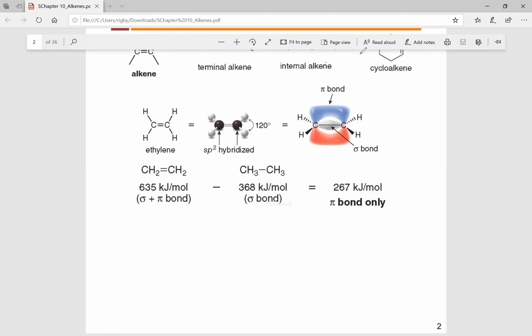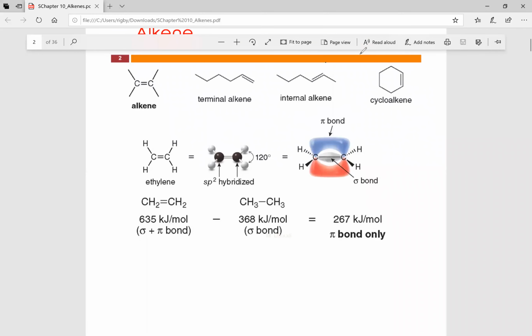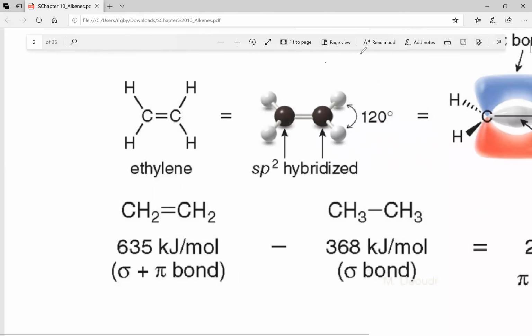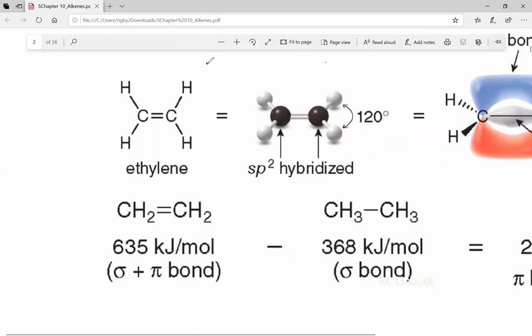One more thing we want to talk about: recall back in chapter 1, I think, where we talked about structure and bonding, all single bonds are made up of one sigma bond. That's a sigma, not an alpha. One sigma bond is a single bond. So we can say that one of these bonds is going to be a sigma bond.